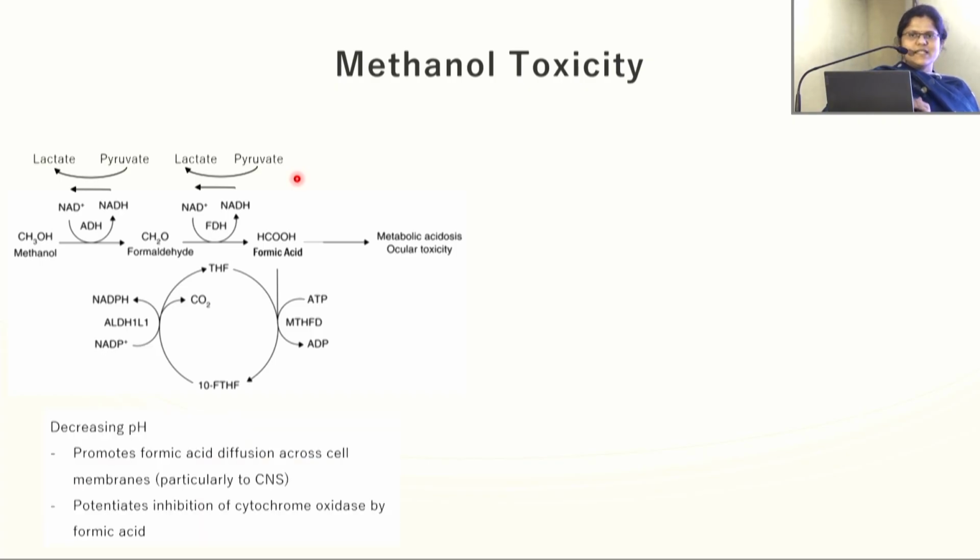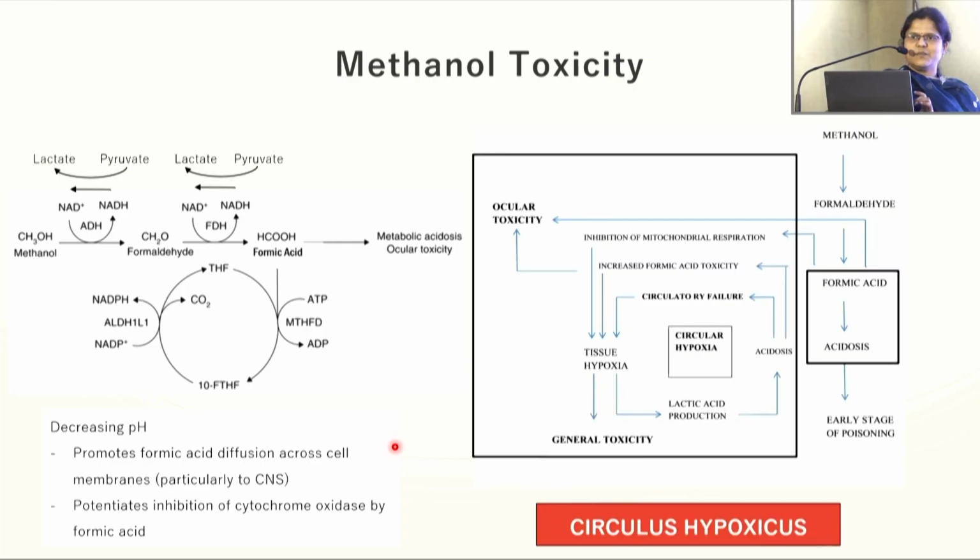Whenever the pH decreases and the acidosis increases, it promotes formic acid diffusion across the cell membranes, especially across the CNS membranes, and the toxicity is going to increase. It also potentiates the inhibition of cytochrome oxidase by the formic acid. So there is a concept of circulus hypoxicus. Formic acid inhibits mitochondrial respiration, resulting in tissue hypoxia.